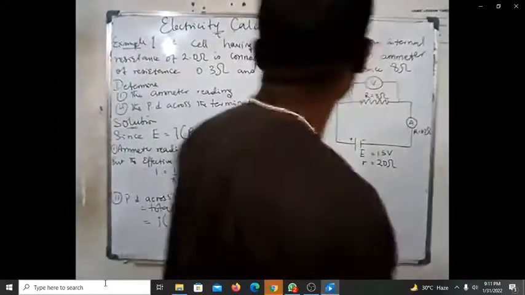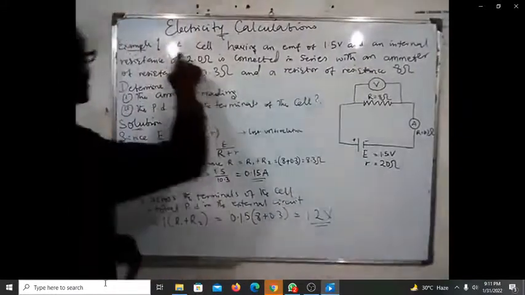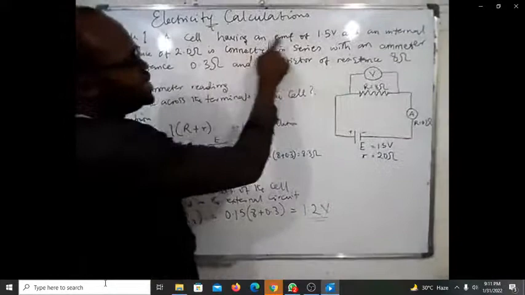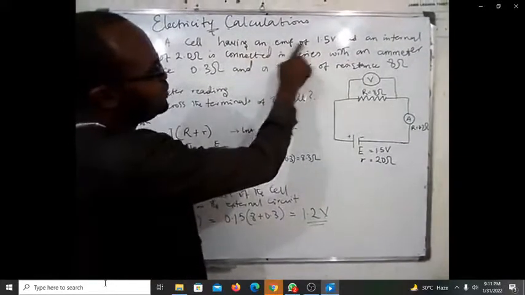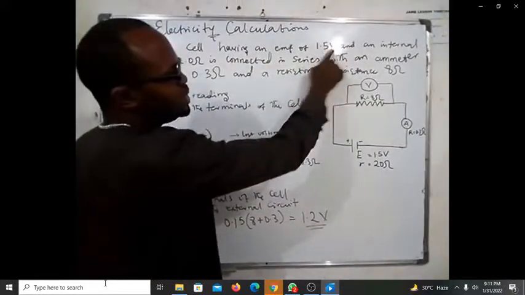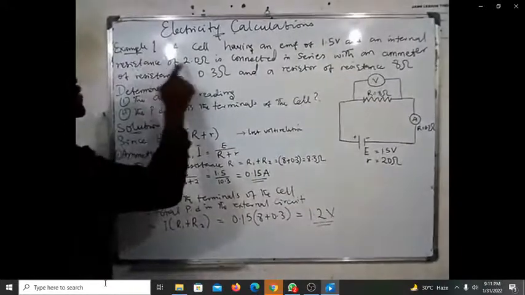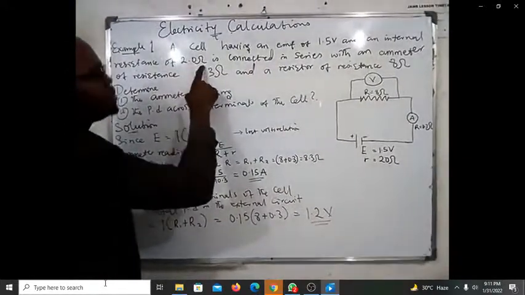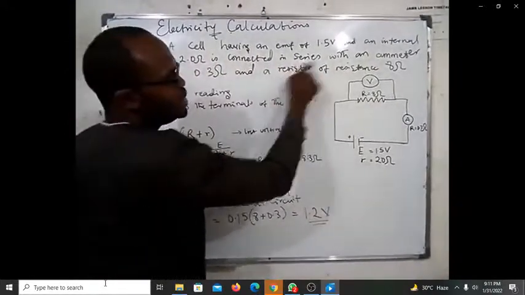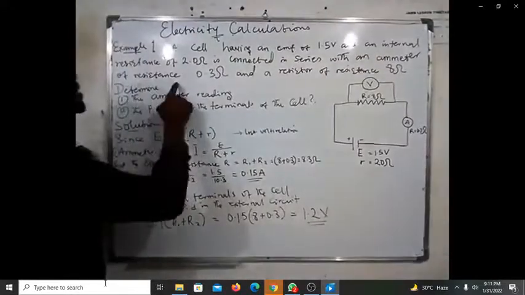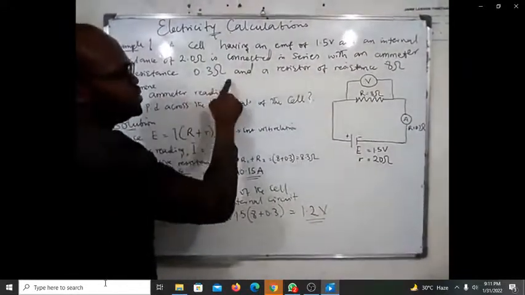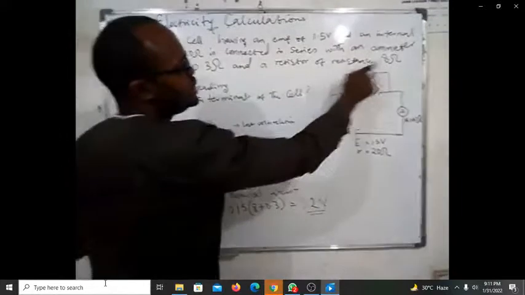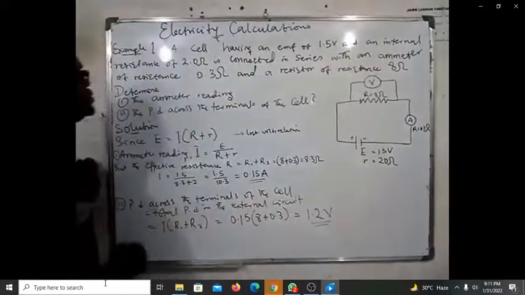So you can have such a question in JAMB. A cell having an EMF of 1.5 volts and an internal resistance of 2.0 ohms is connected in series with an ammeter of resistance 0.3 ohm and a resistor of resistance 8 ohms.